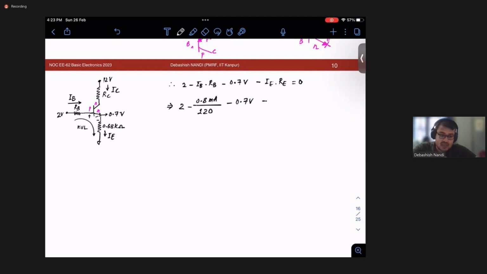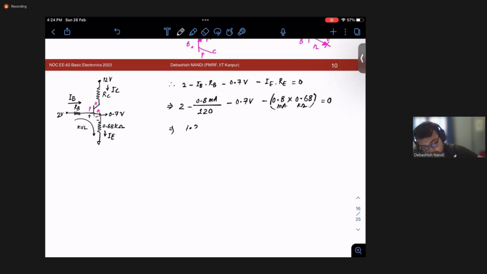We can simply write IE equal to IC because beta is 120. So 120 plus 1, 121 and 120, we can take it as similar. So IE we can write as 0.8 only, into 0.68, right? This is milli, this is kilo.